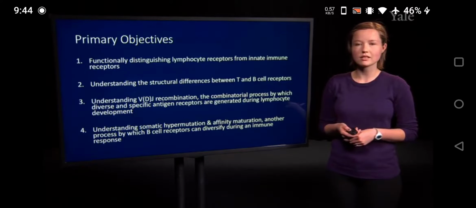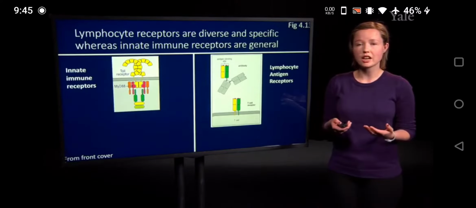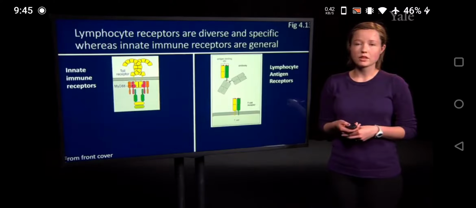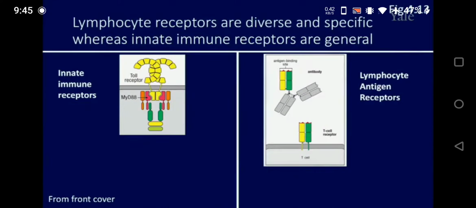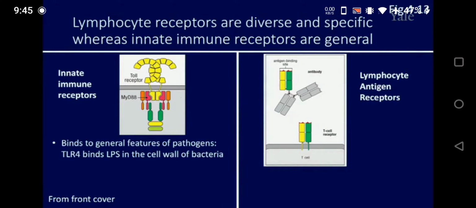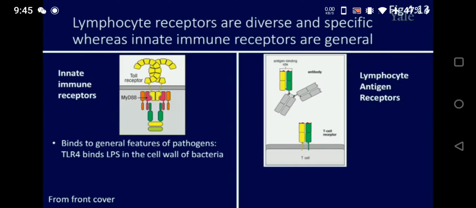All right, so getting started, when differentiating the innate immune receptors from adaptive immune receptors, we see over here our innate immune receptor. Here is a toll-like receptor, which is just one of the many examples of innate immune receptors. And in general, innate immune receptors will recognize a wide array of general features called pathogen-associated molecular patterns, or PAMPs, as a way to recognize a wide array of different bacteria and viruses.